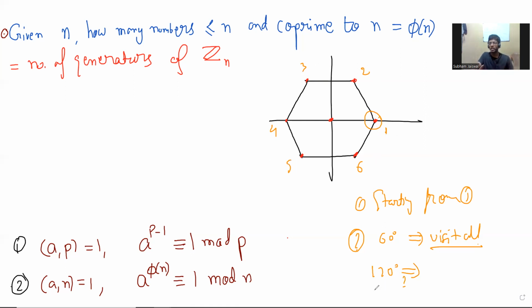So when you jump by 120 degrees, you cannot visit all the vertices. But then if I jump by the next thing, 240 degrees, can I visit all the vertices? Again, starting from 1 is fixed, and the amount of jumping now is 240 degrees, or you can say skipping 2 vertices.